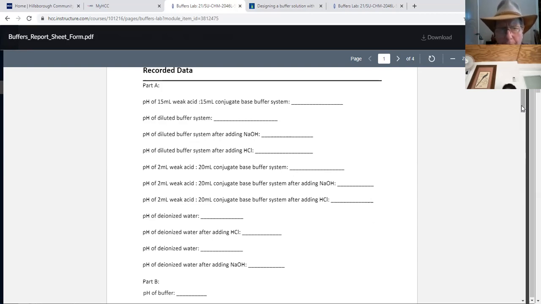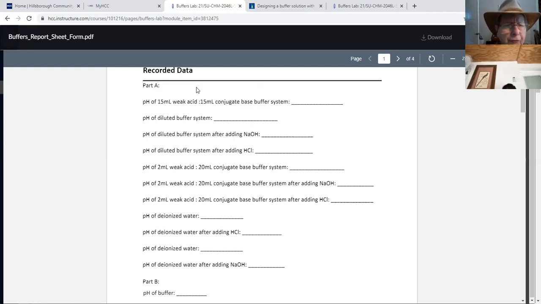Okay. Now, what the instructions tell you to do is take 15 milliliters of your weak acid, put that into a beaker, and 15 milliliters of your conjugate base. I believe you're going to be asked to do either ammonia and ammonium chloride, or acetic acid and sodium acetate. I think it's that one. All right.